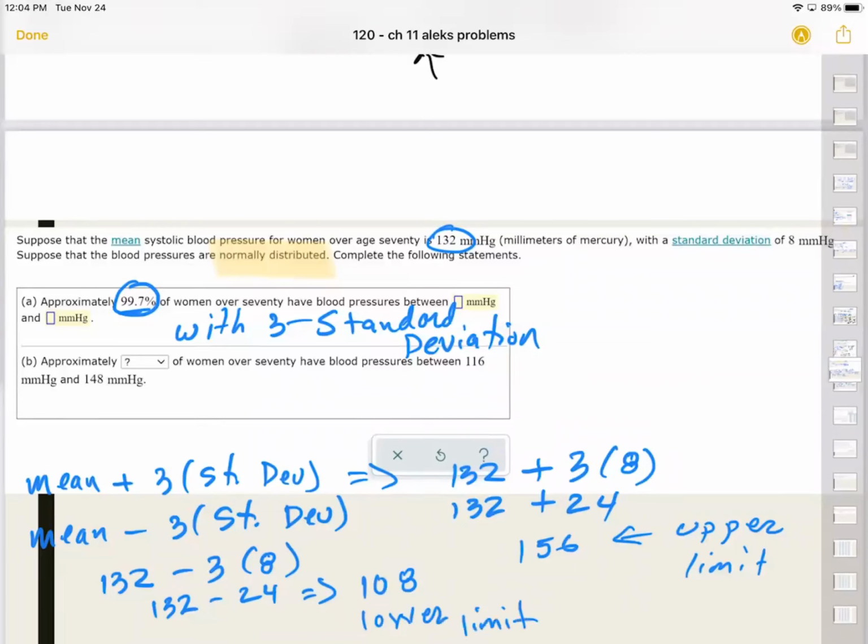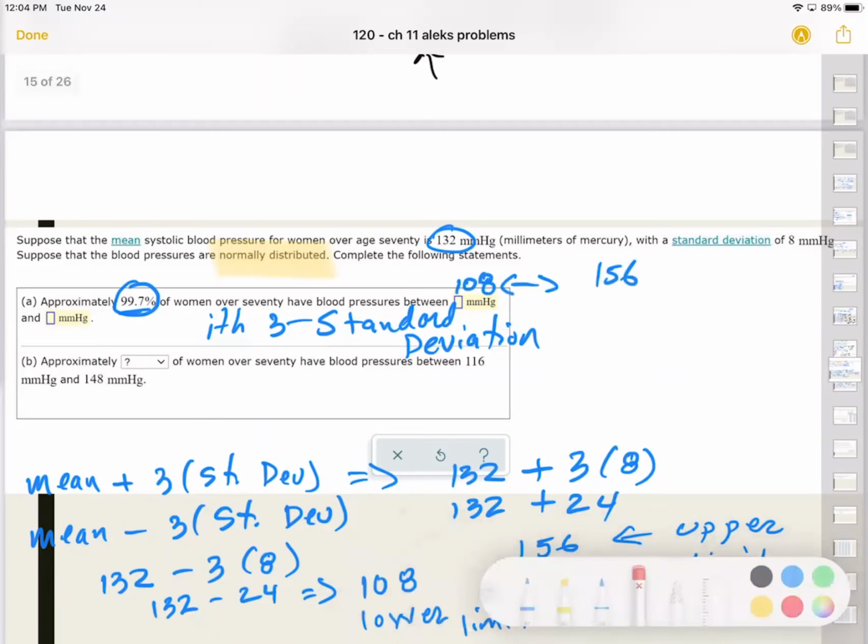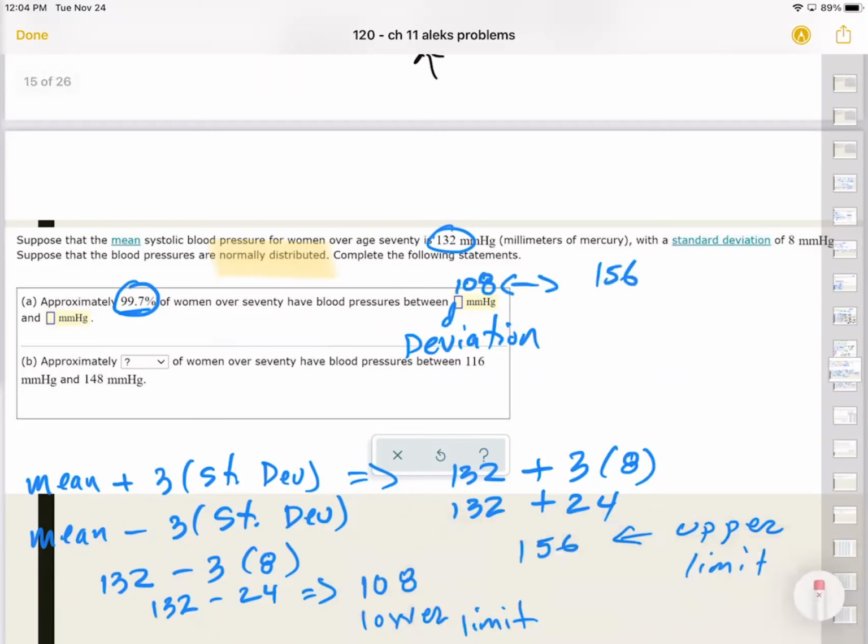Looking at this, between what two values? Between 108 all the way to 156. Those are the two values that you want to type in, because they give you 99.7%.